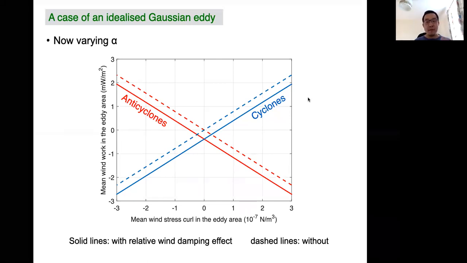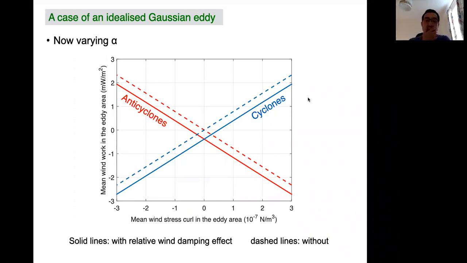That's the wind energy input below the Ekman layer. In terms of relative wind damping, you can understand it through anomalous wind stress curl and the Ekman upwelling or downwelling associated with it.